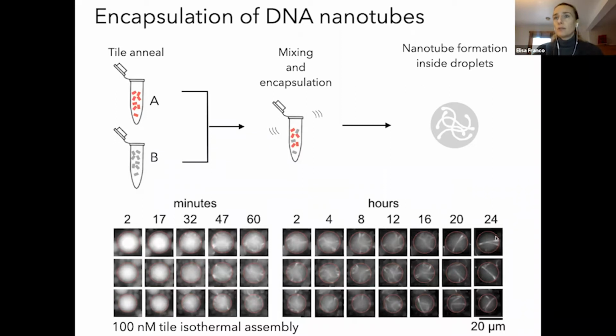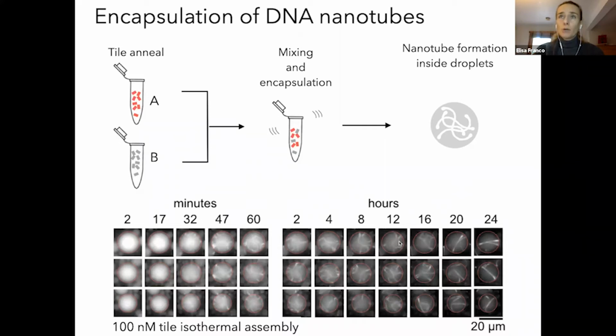By the end of the experiment, around 24 hours, the nanotubes have mostly condensed into a few very long structures that could be individual nanotubes, but could also be bundles of nanotubes. They seem to be quite rigid, and they seem to form rings around the diameter of the droplet.